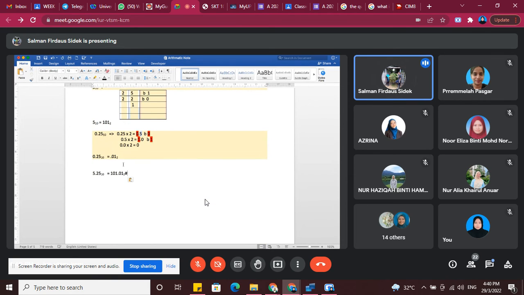Okay, here is the starting point where the difference between fixed point and floating point happens. Dekat sini perbezaan dia. First of all, the first step you need to bring this point forward until it arrives before the first digit one.